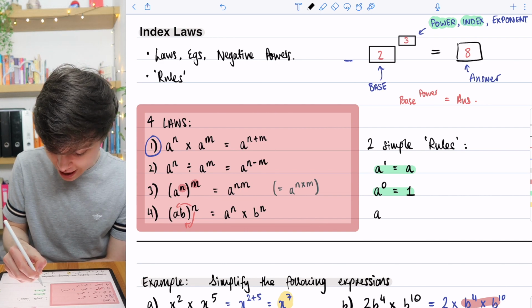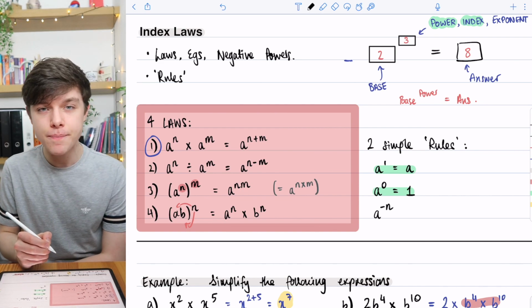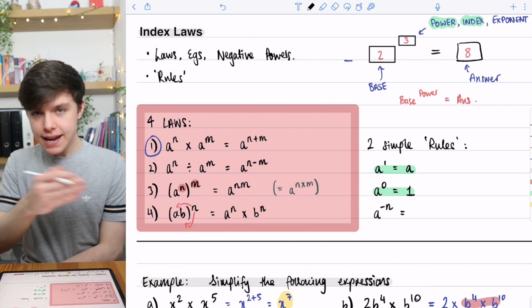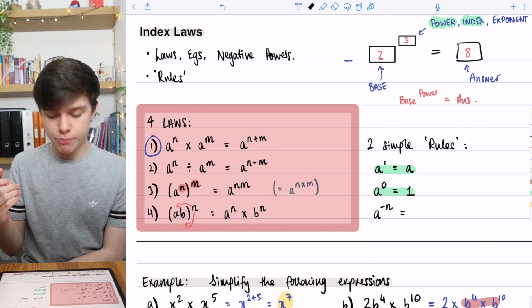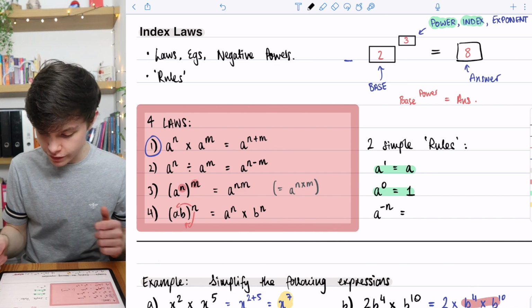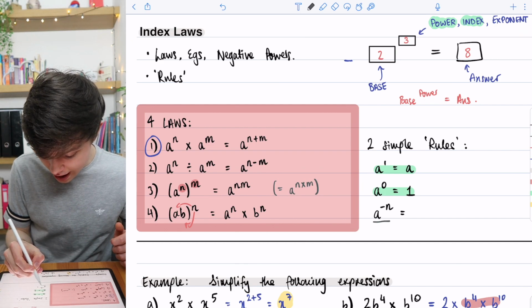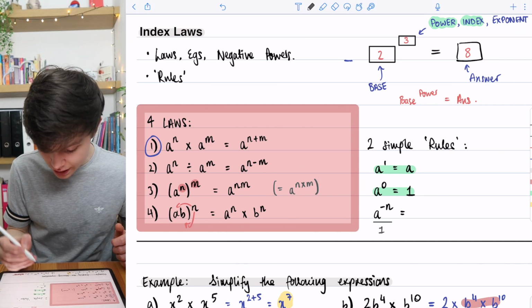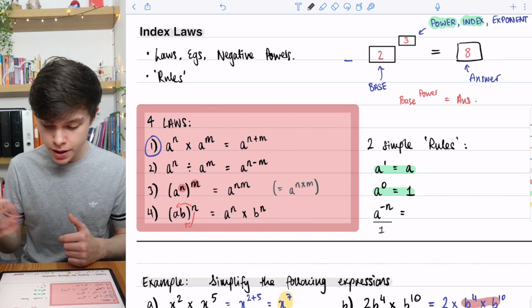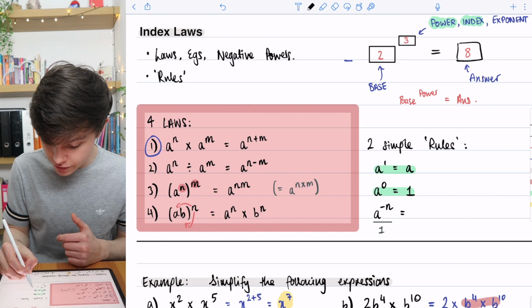If we've got a to the minus n, what we do is we say, well, let's get rid of the negative and let's do the reciprocal, because that's what that means. The reciprocal is when we flip what we've got. Now notice, a to the minus n is actually divided by 1. We just don't need to divide by 1. We never write that. So the reciprocal is we flip that over.